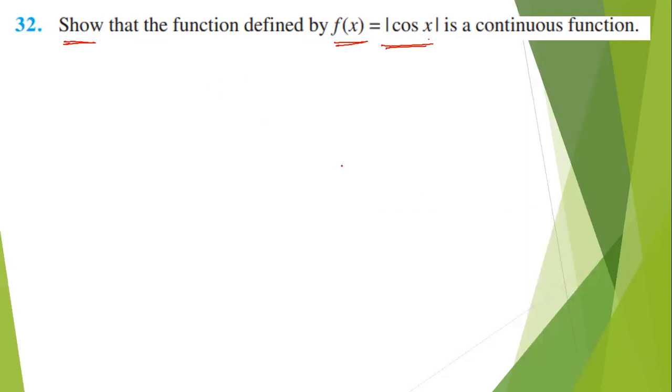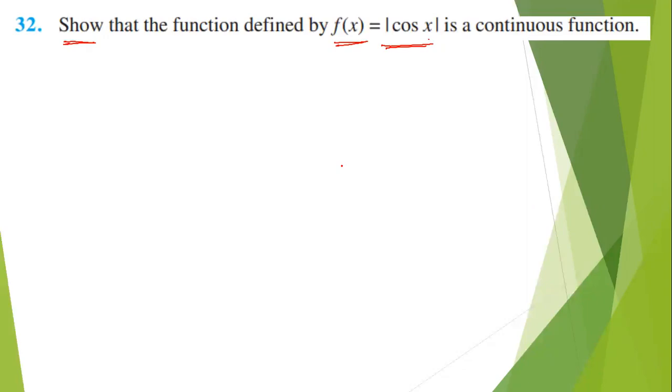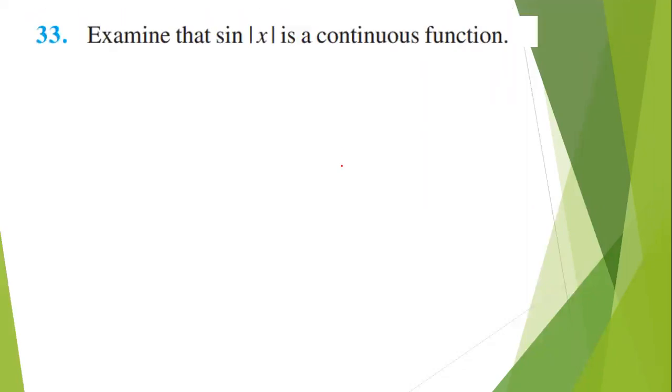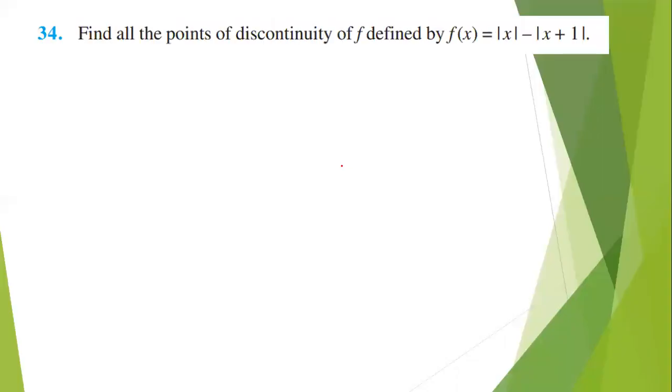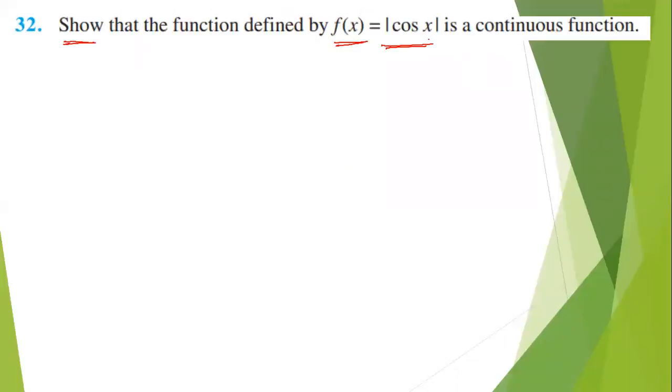So in the previous class we have discussed about composition of functions, isn't it? Remember, composition of two functions. Do you all remember? Yes, so the same method we need to apply for this problem.